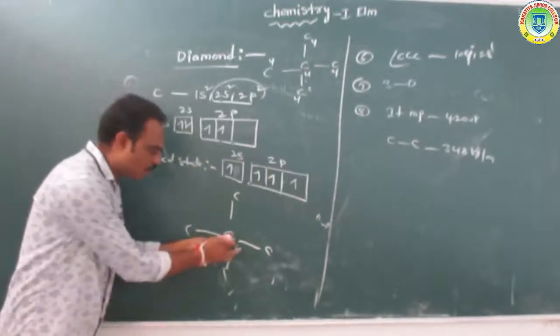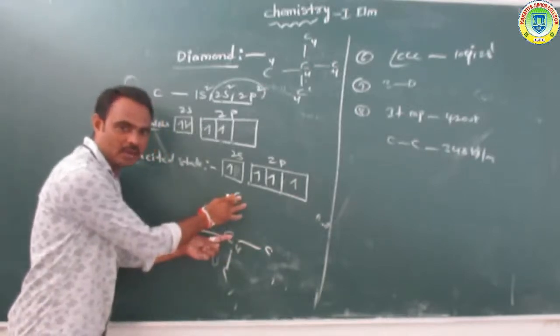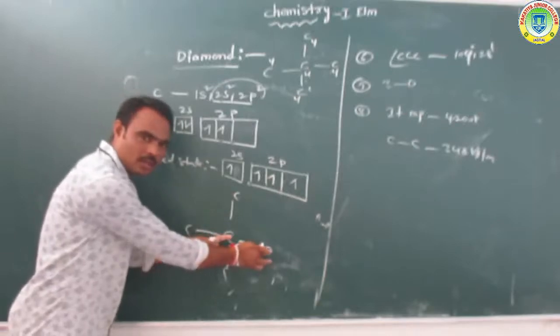One single electron of a carbon atom is attached with one single electron of another carbon atom. Another electron of this carbon atom is attached with a single electron of another carbon atom.